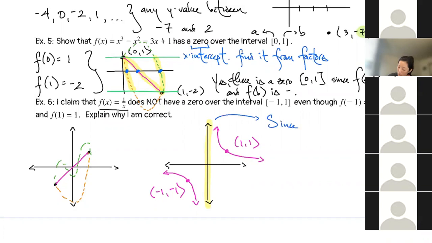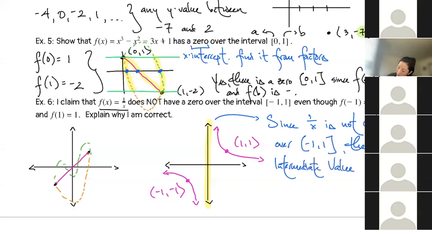So since 1 over x is not continuous over -1 to 1, the intermediate value theorem does not apply. If it's not continuous, that's the only thing we need to be true. If it's not continuous, we can't even use this theorem.